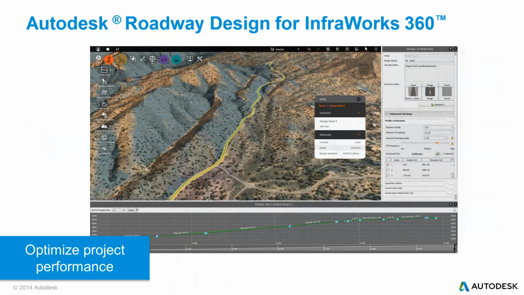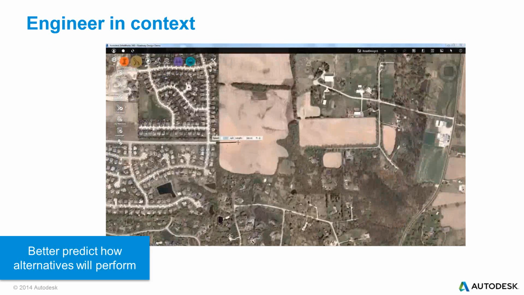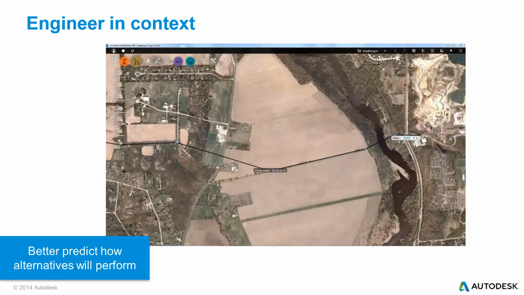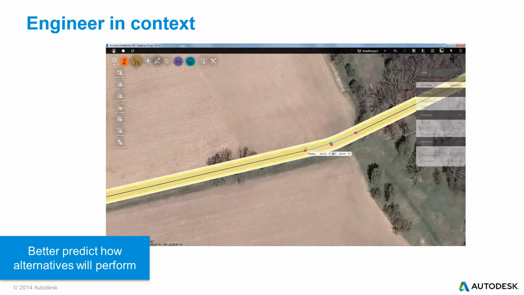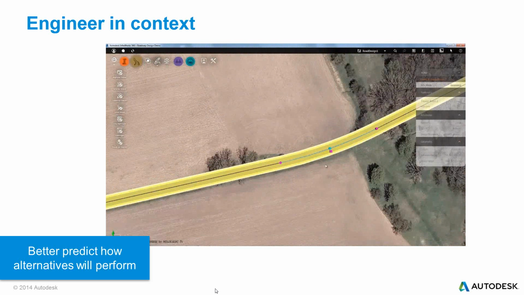We'll take a look at that also. And then better predict how alternatives work. Quickly, you can see, we'll just look at this quick little video and then move on, how I can go from the west side of that site over to the east side of the site and show AASHTO standards in reference to some of my road design. We'll take a look at that.